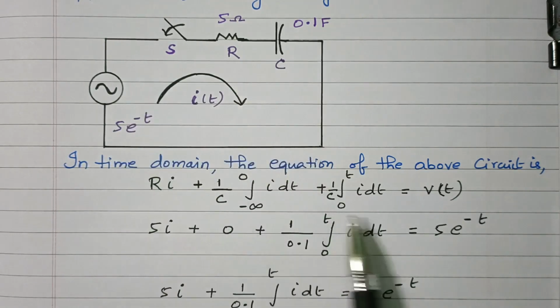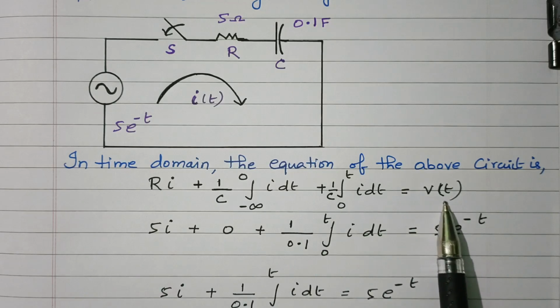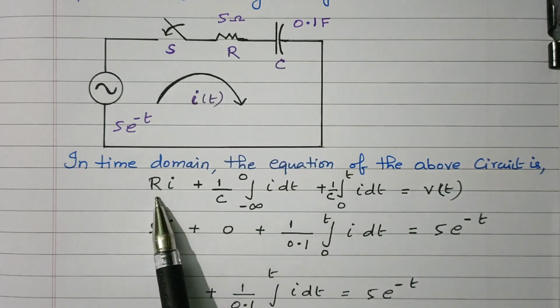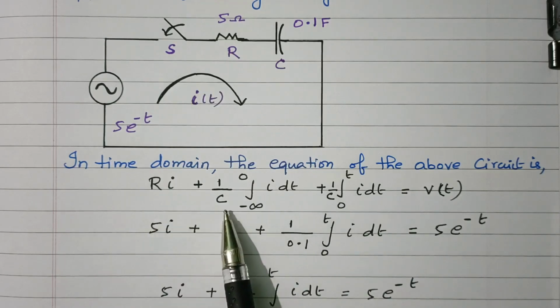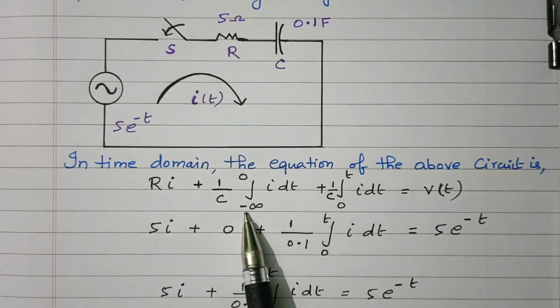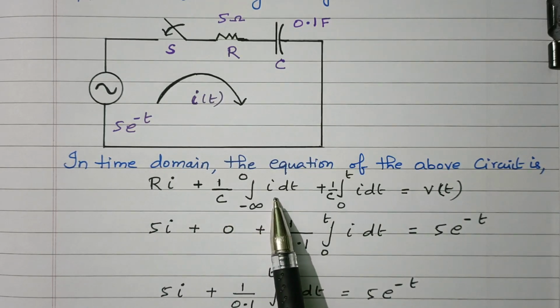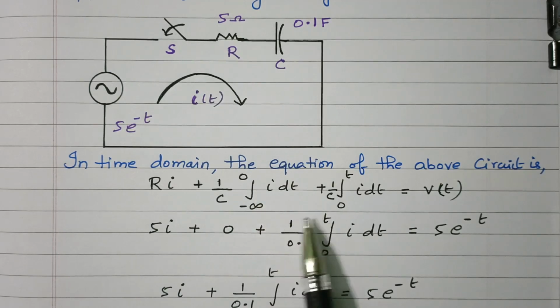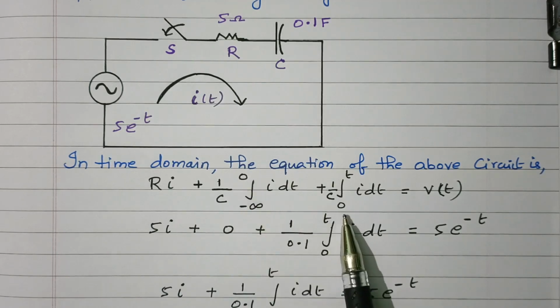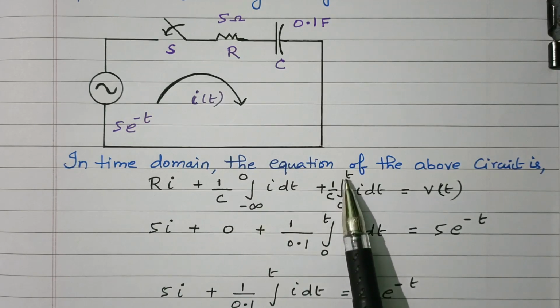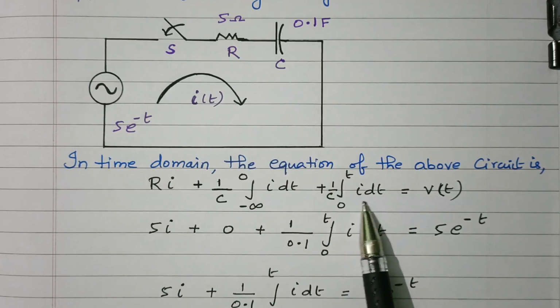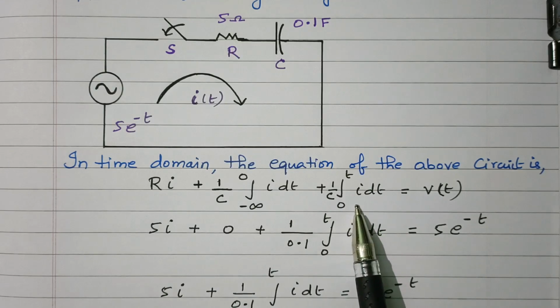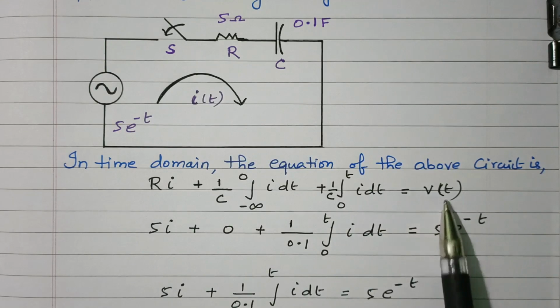So based on KVL, applied voltage V of t equal to R into I, voltage drop across resistor, plus 1 by C integral minus infinity to 0 I dt. This is the initial charge available across the capacitor. The switch is closed at 0, so plus 1 by C integral 0 to t I dt. This is the voltage drop across the capacitor after closing the switch. So that is equal to V of t.